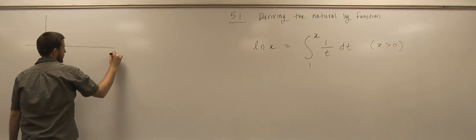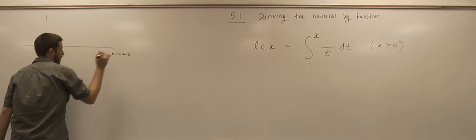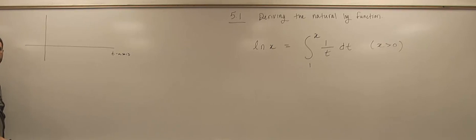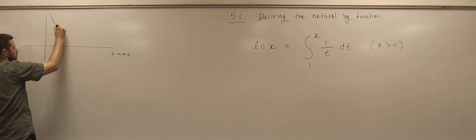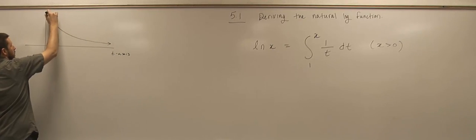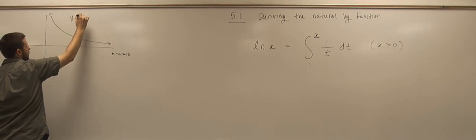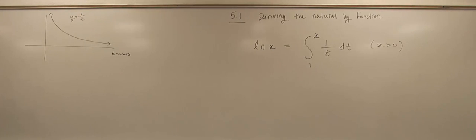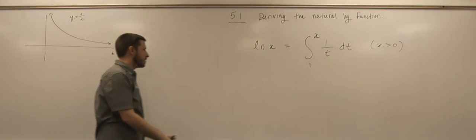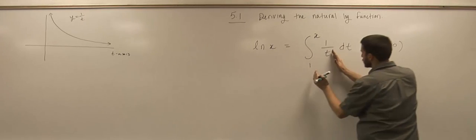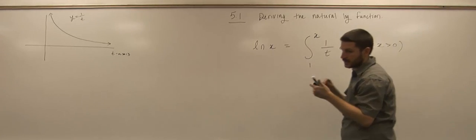So this is your t-axis. What does 1 over t look like? It's got an asymptote at t equals 0. Kind of slopes down like this, right? So then the natural log function counts how much area you get under this curve from 1 to x.